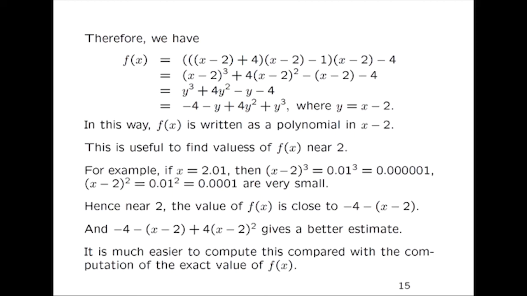Okay? And the cubed of 0.01 is this one. Okay, so if you are talking about 5 digits or so, then near 2, up to the third power, the second power, that is enough.